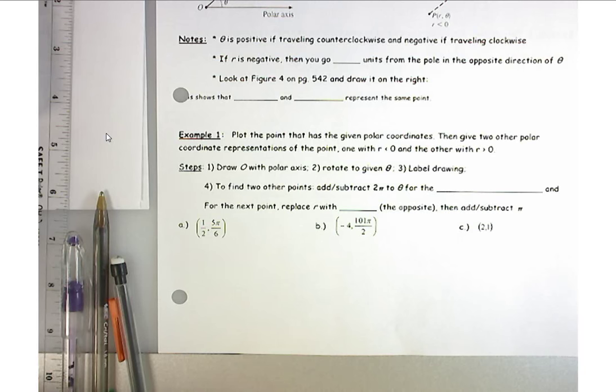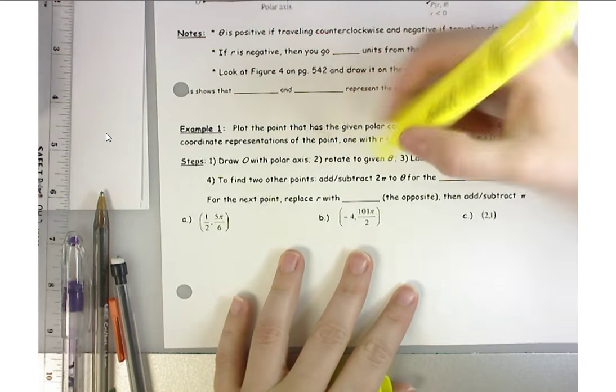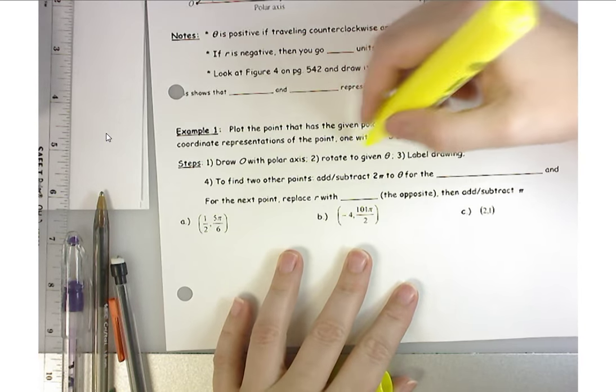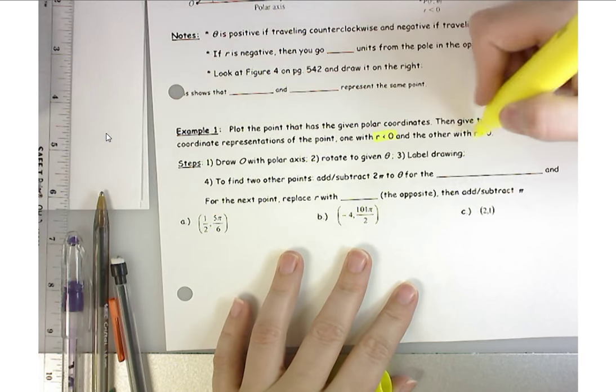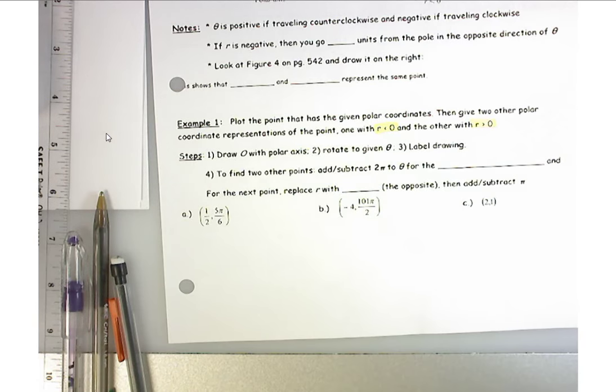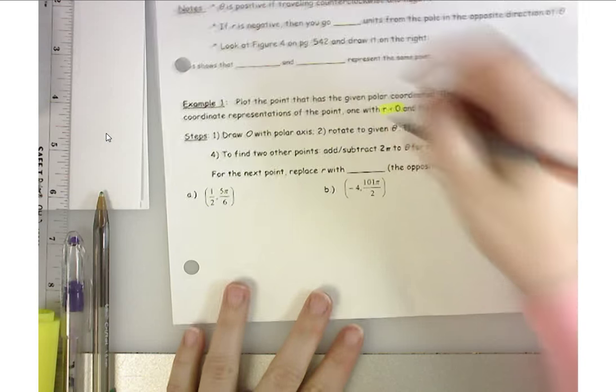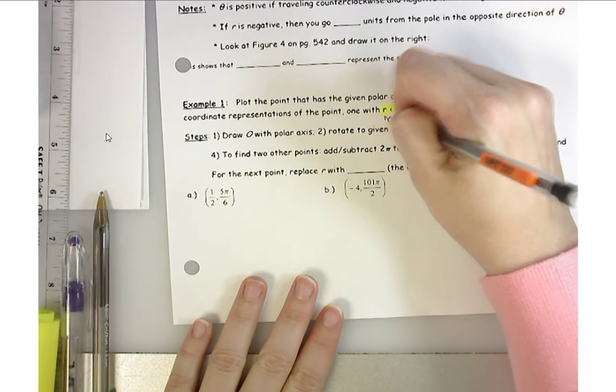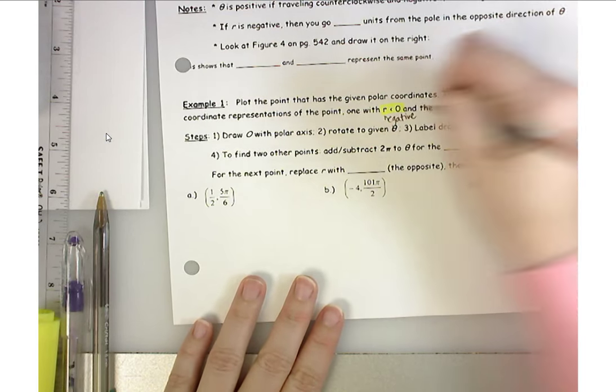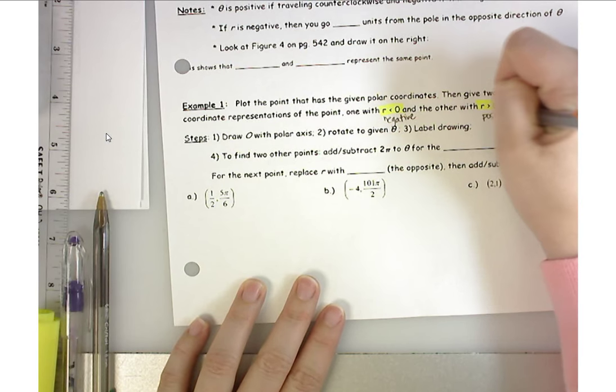Which, if r is less than 0, then that means the r value is what? Negative. Okay, so one has to be r is less than 0. The other one has to be r is greater than 0. So basically what they're saying is one of your r values has to be negative and one of your r values has to be positive.